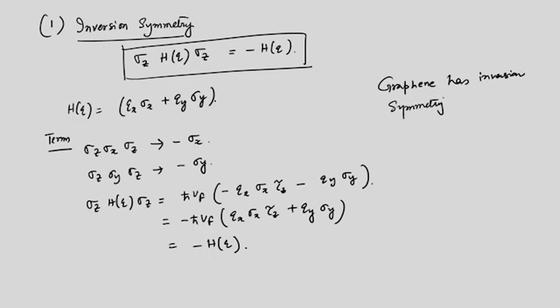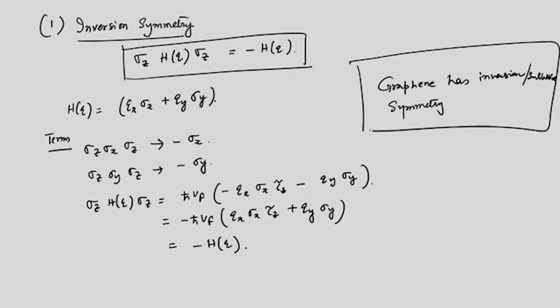And as I said, you can also call it a sublattice symmetry. Okay. So, this is one of the important things about graphene, that the Dirac points are protected by these symmetries. Of course, we will have to consider one more, which is a time reversal symmetry.